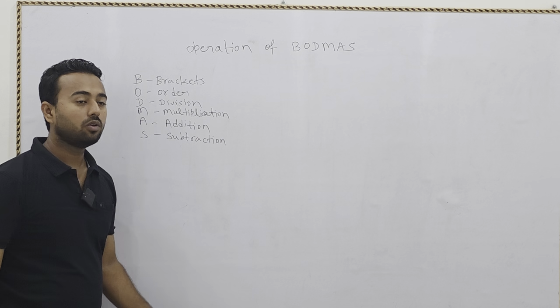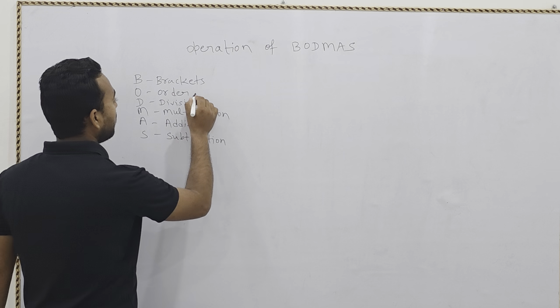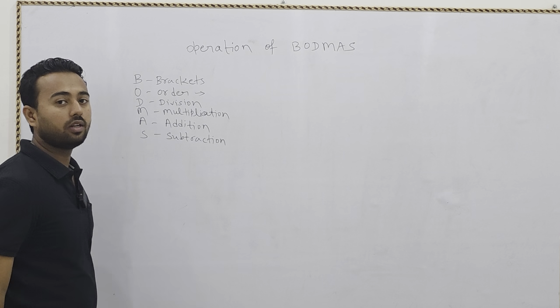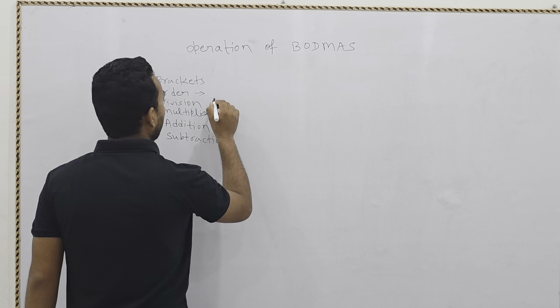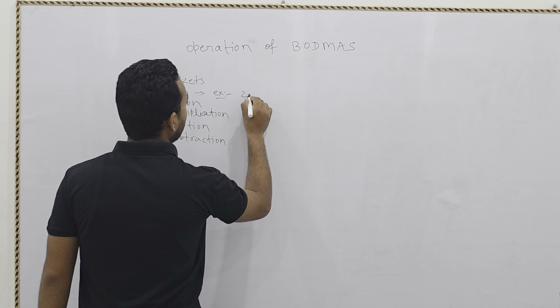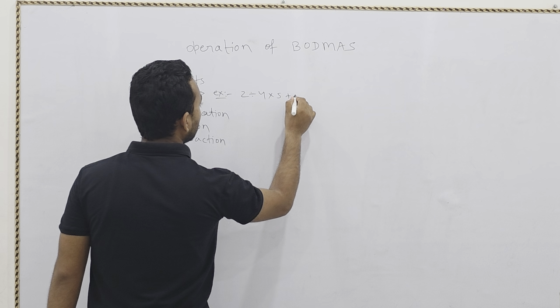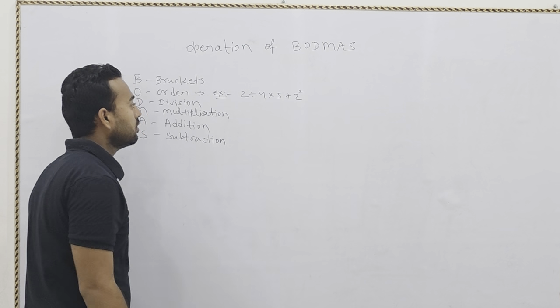So I hope you are all aware of it, but this order type of question, one example I am giving you: 2 divided by 4 multiply 5 plus 2 square.